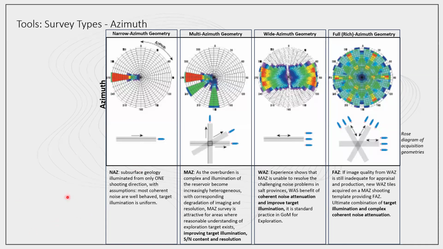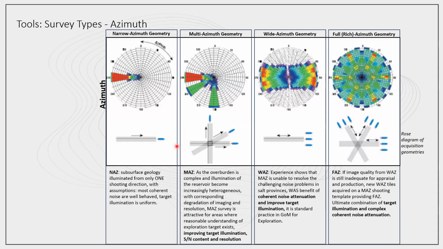One will talk about here, so seismic, azimuth and frequency. During the course, which will run in full detail for that webinar, we will discuss in great detail the role of azimuth and also the role of frequency. Here, let's talk about the azimuth first.